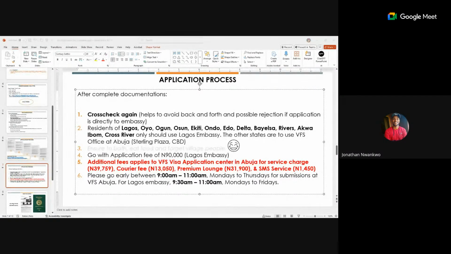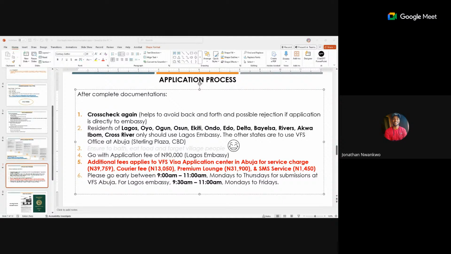For the Lagos Embassy, the opening hours are between 9:30 a.m. and 11 a.m., Mondays to Fridays. I didn't go through the Lagos Embassy, but I think for some people that did, it might be more stressful than VFS, and it's prone to rejection. Not because they want to reject you, but because if it is collected directly by the embassy, there is no "I did not know this, I did not know that." If what they've asked you to get is not there, they will deny you.